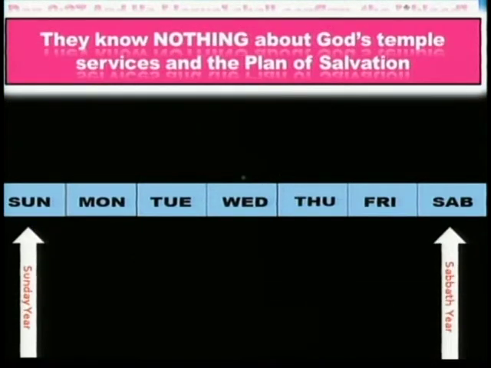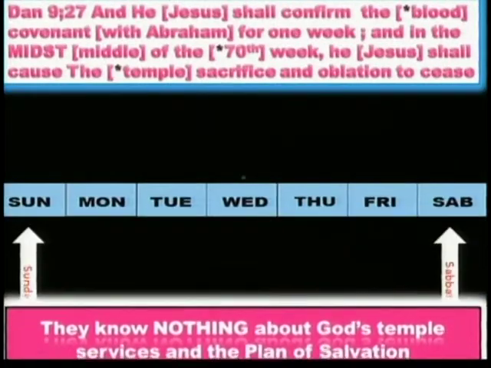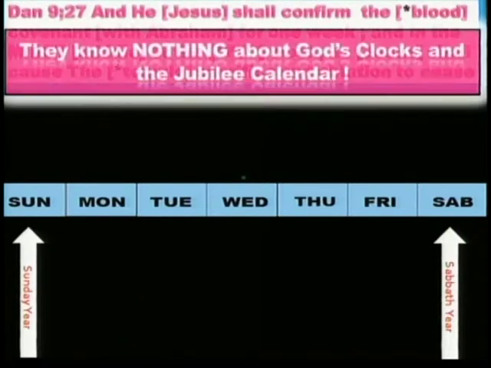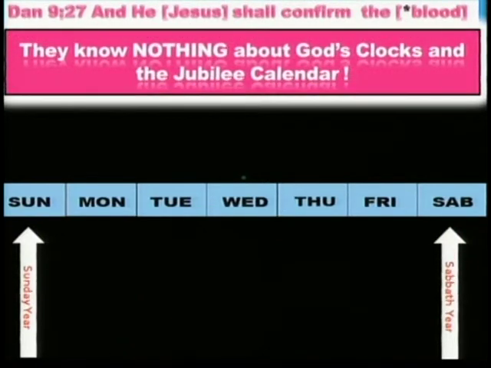They know nothing about God's temple services and the plan of salvation. They believe in dispensationalism, which means different periods of time God saves different people in different ways. There's a different plan. They know nothing about God's clocks and the Jubilee calendar.